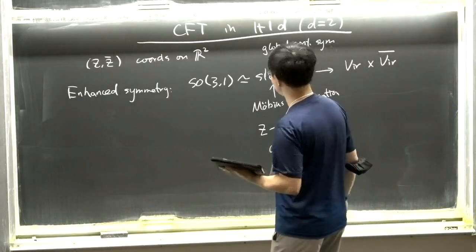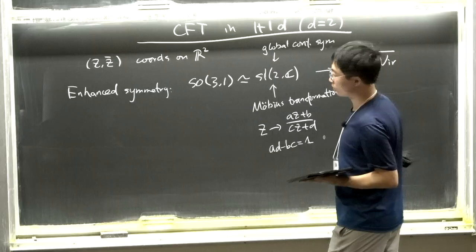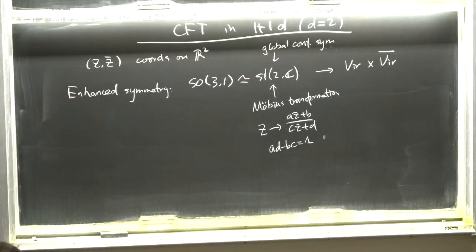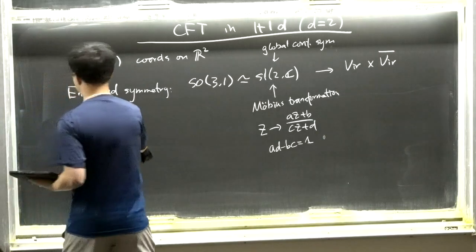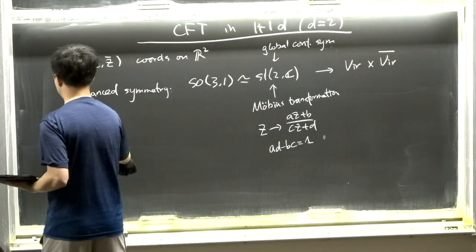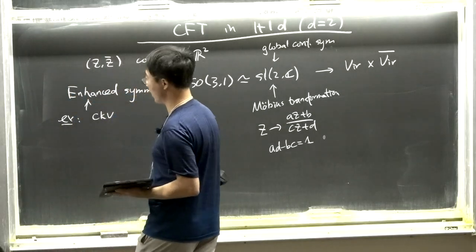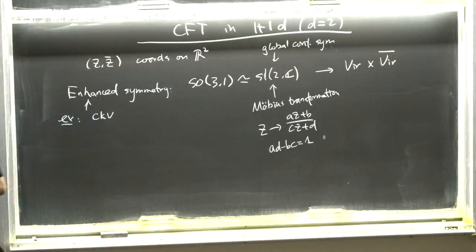And here, an exercise for you is to see that the symmetry gets enhanced by analyzing solutions to the conformal Killing vector equation. An exercise for you is to show that the conformal Killing vector equation in 2 dimensions has a bigger space of solutions compared to dimensions bigger than 2.